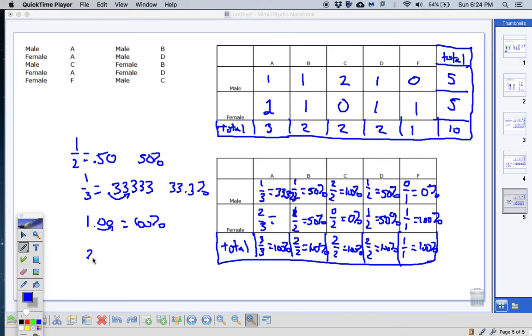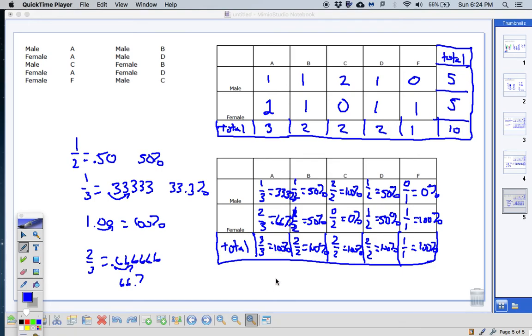And then 2/3 is the number 0.6 repeating forever. So when we move it to the right, we get 66 point. We're going to round this up to 7. So this one's going to be 66.7%. And when you add 33.3 and 66.7, you get 100%.